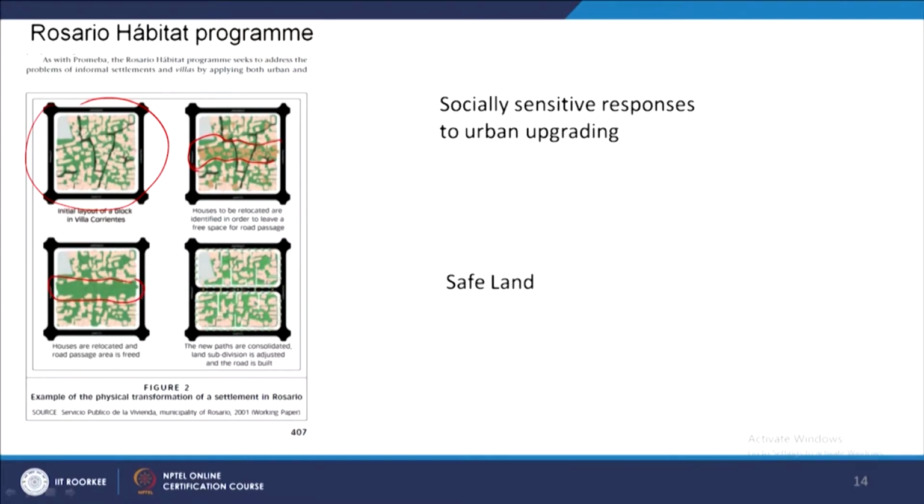Then they started making new paths, the land subdivision was adjusted and the road was built. In that way, without disturbing much of the habitat, a few households were recognized so that roads and basic services could be laid out to meet the planned process and the requirements.